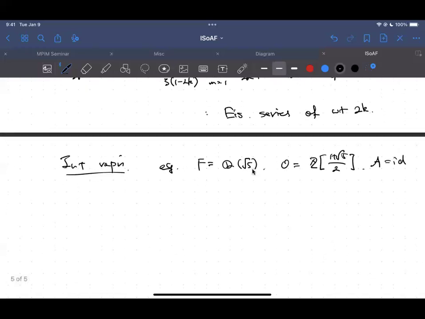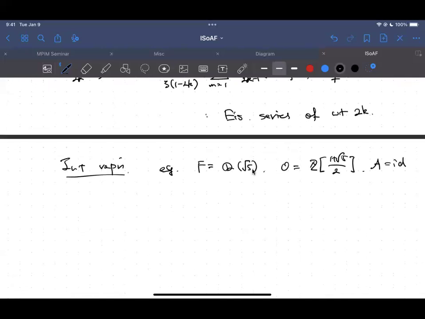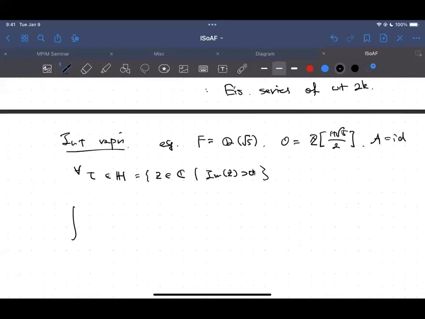And in this case, the integral representation of this partial zeta function is the following. So let tau be any point in the upper half plane. Then we consider the integral from tau to 3 tau minus 1 over tau of some quadratic polynomial to some power and the Eisenstein series.